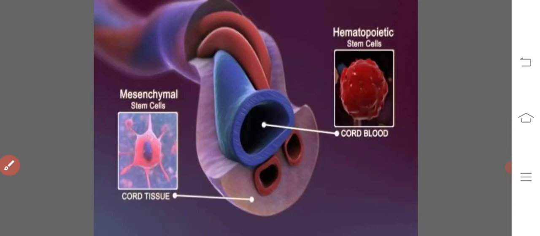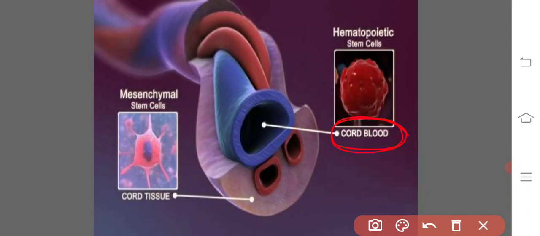And coming to the cord blood stem cell. The source of these stem cells is the cord blood, and it has enormous potential in treating diseases. Stem cells can be harvested from the umbilical cord after delivery with no harm to the baby. So people donate the cord blood and others store it.